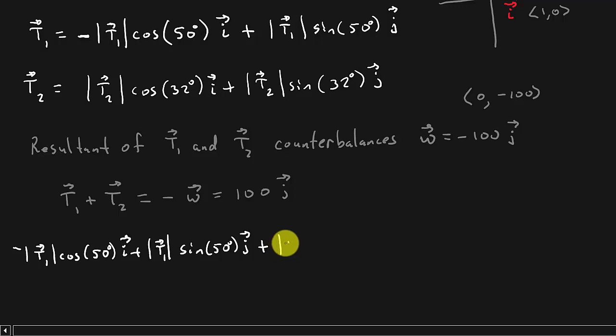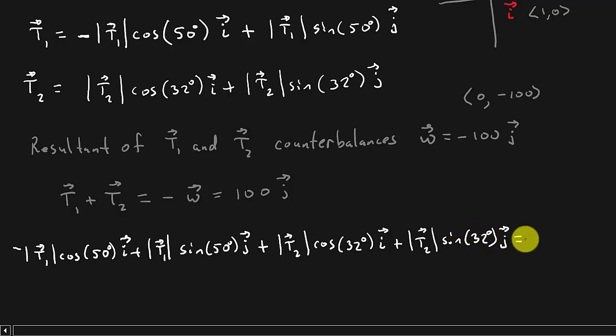So that's going to be T2 times cosine 32 I plus T2 sine 32 J, and that has to equal this 100J.